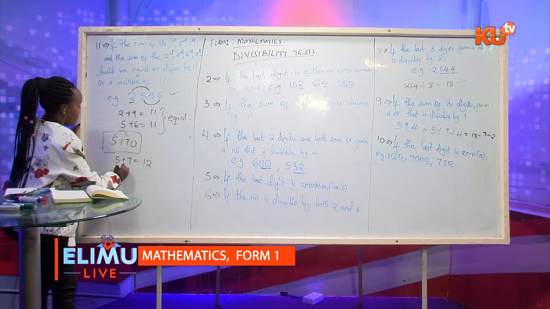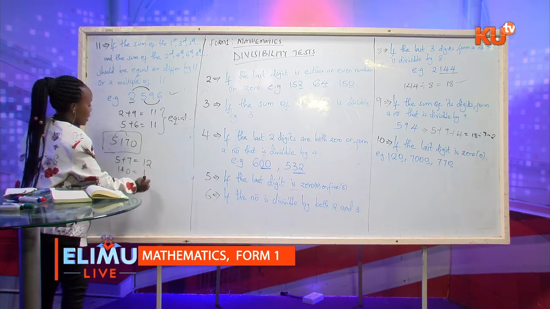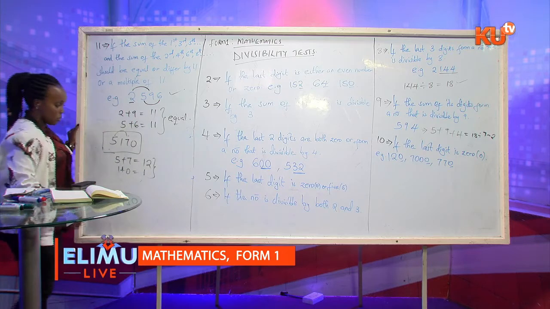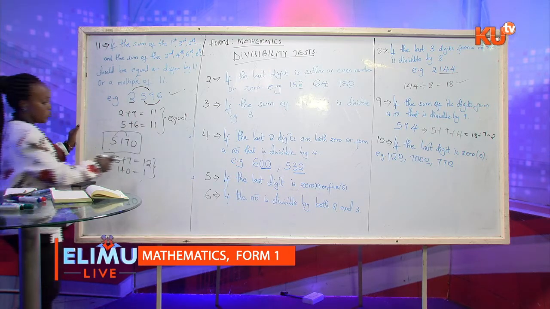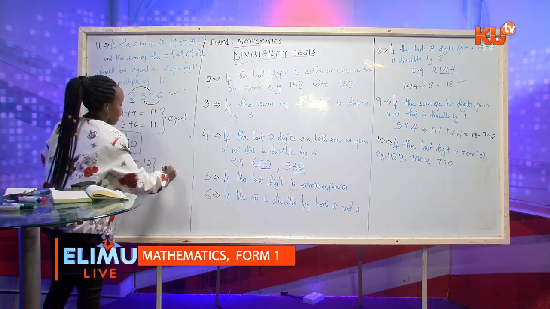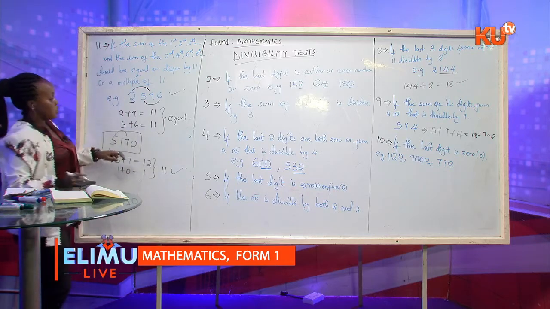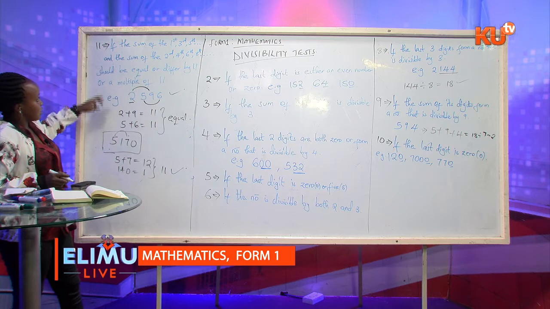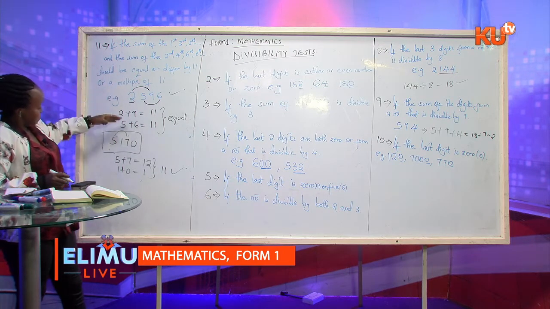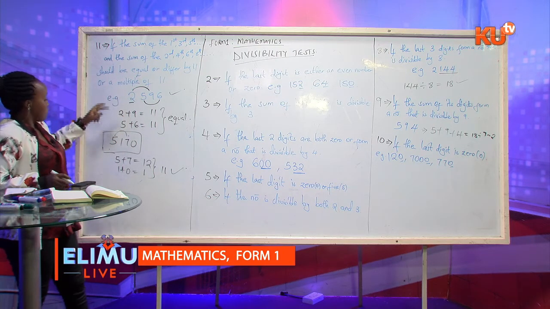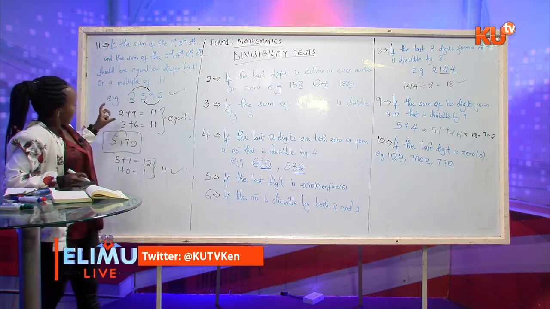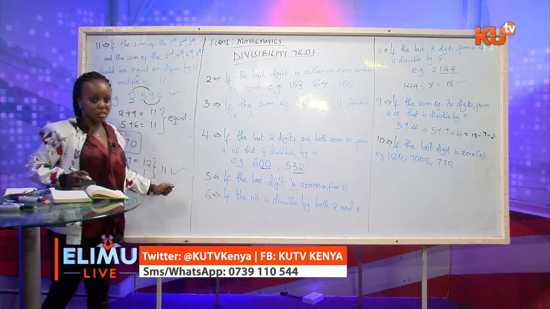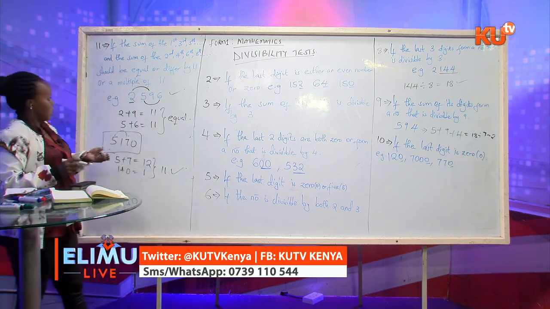Then 1 plus 0. This gives us 1. As you can see, they're not equal. So we find the difference. The difference between 12 minus 1 gives us 11. So the difference is 11, meaning that this number is also divisible by 11, because the sums of the odd position numbers and the even position numbers have a difference of 11.